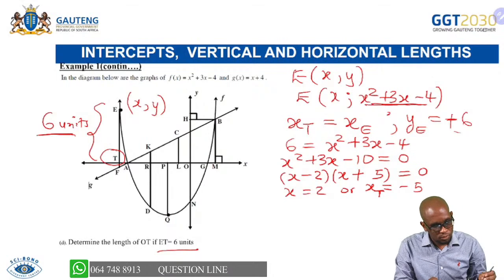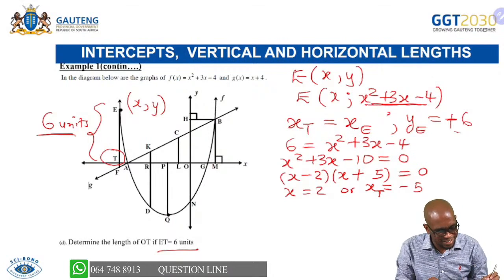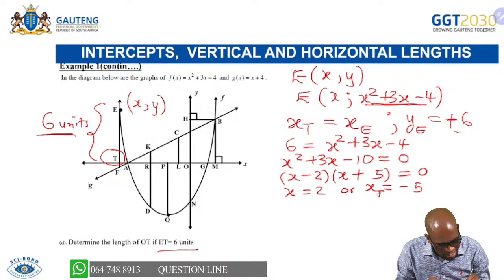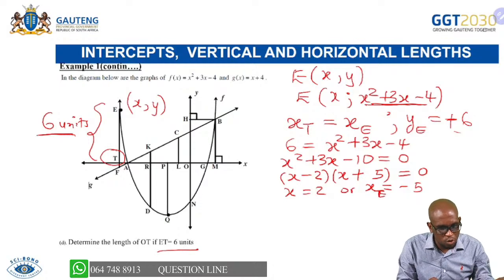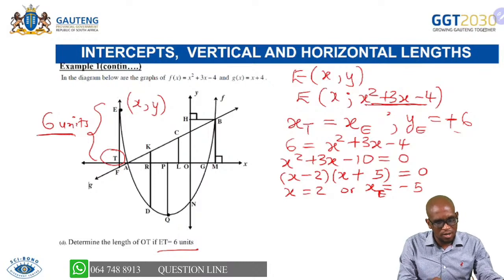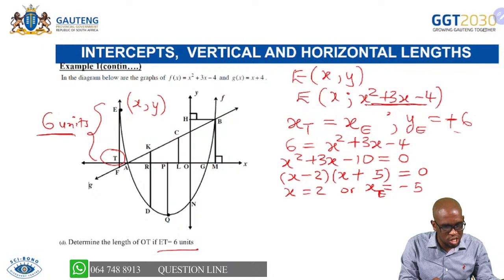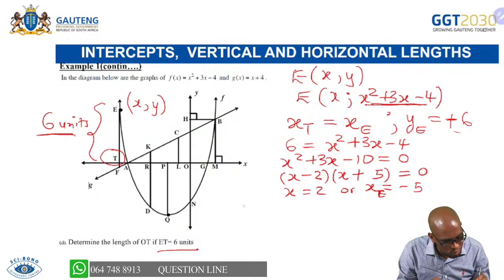Since we know x at E, it's also the same value for x at T, because x does not change along that particular line, so x at T will also be -5.